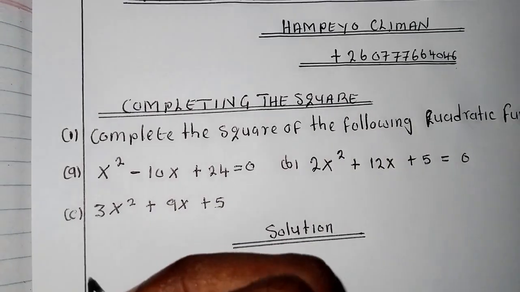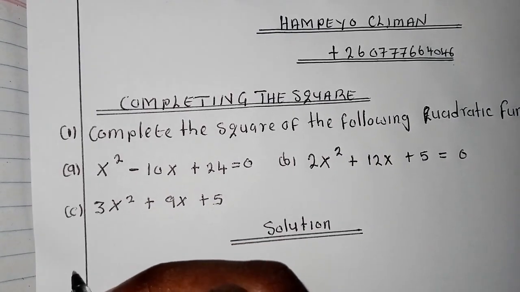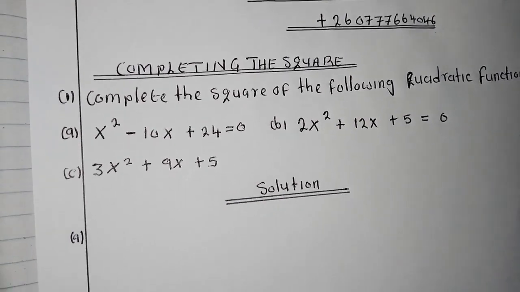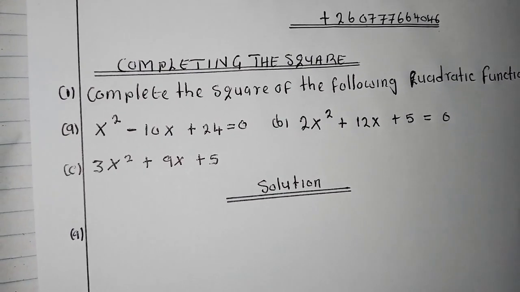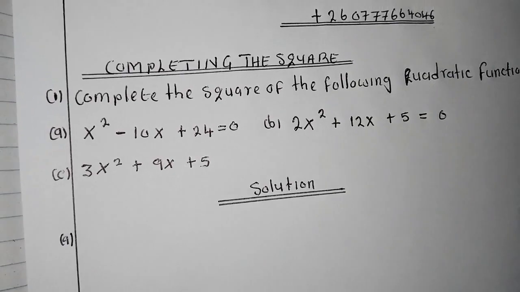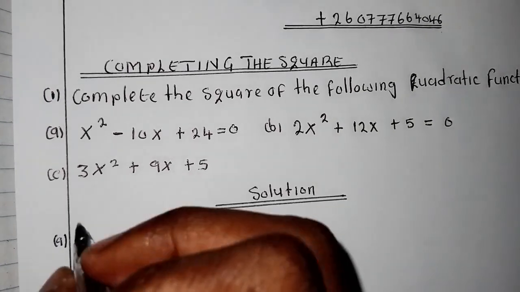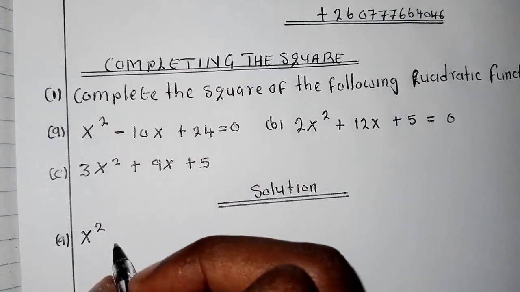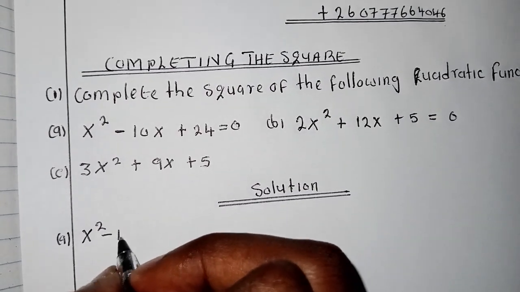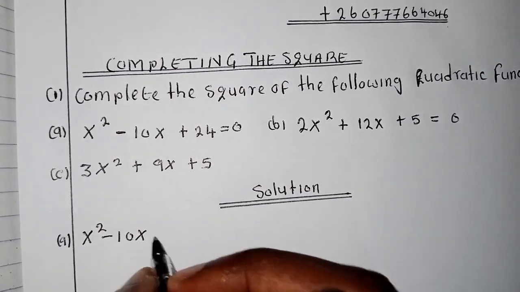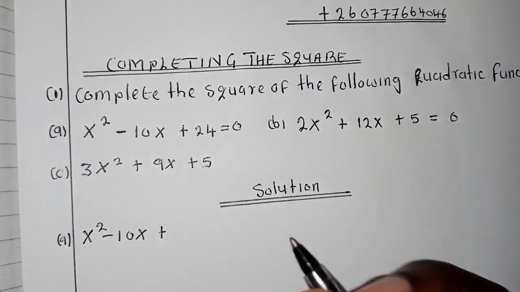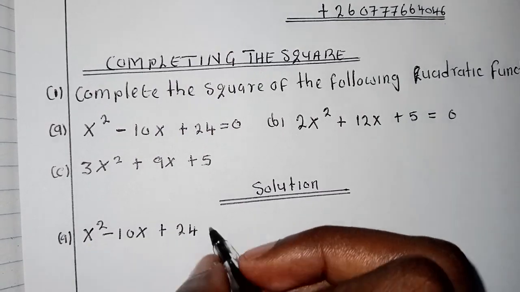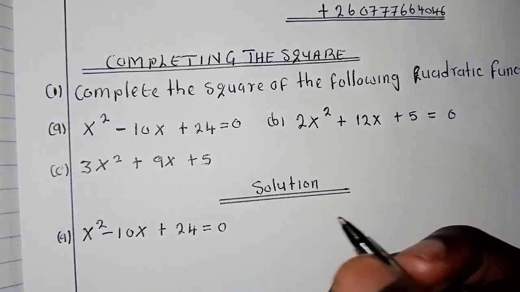So we have the first question. Of course, the first question is x to the power 2. Let's take it slow so that you understand. So x to the power 2 minus 10x plus 24 equal to 0.